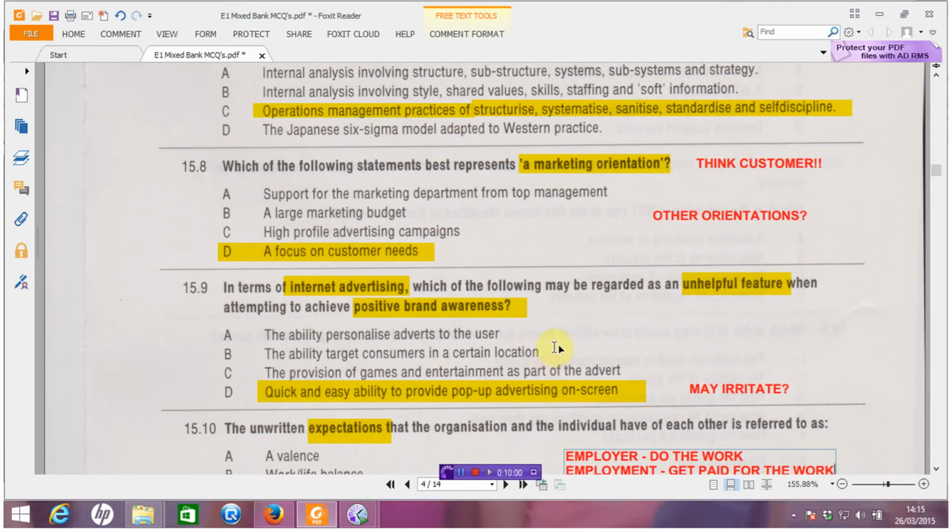We've just really got to be able to distinguish between these ones. You might well think that one or two of them are unhelpful. Perhaps games and entertainment, you may not be interested, but this is probably the least helpful out of the lot. A pop-up advertisement, an advertisement that just pops up when you don't want it and you're trying to concentrate perhaps on buying the product or doing something else. Okay, so certainly D is the answer there.